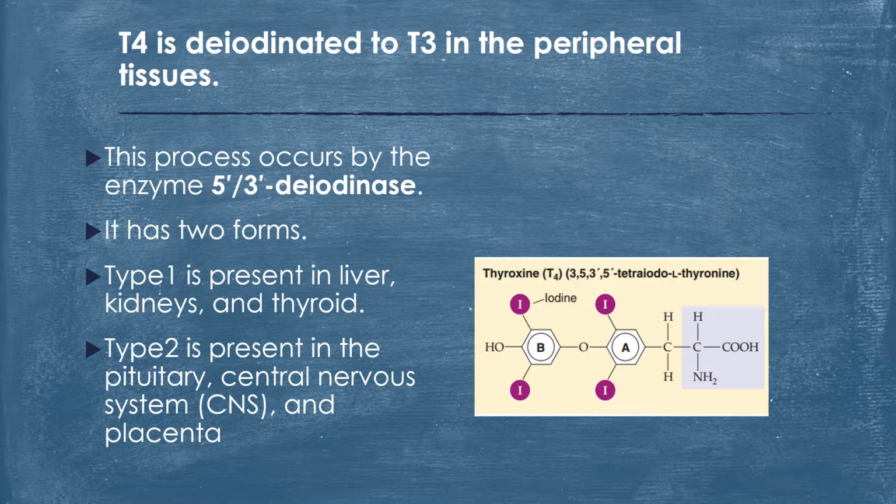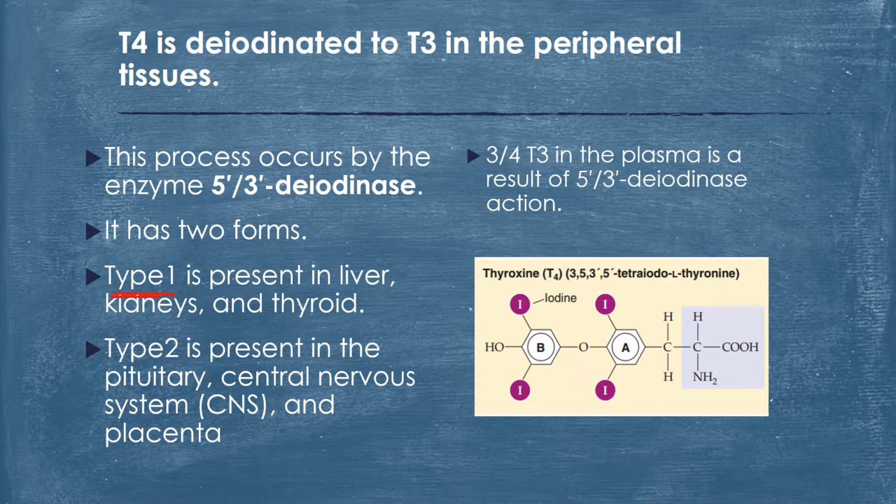So type 1 is responsible for most of the T3 present in the circulation. Three quarters of T3 in the plasma results from the action of this enzyme, type 1.